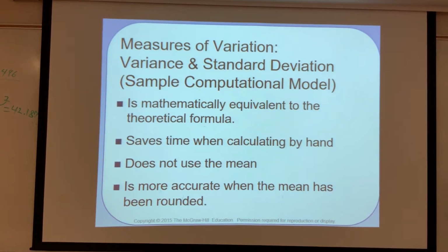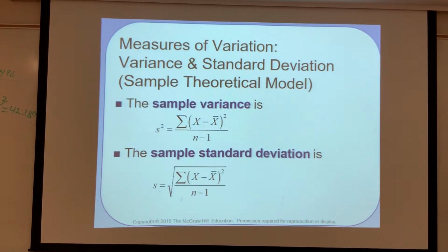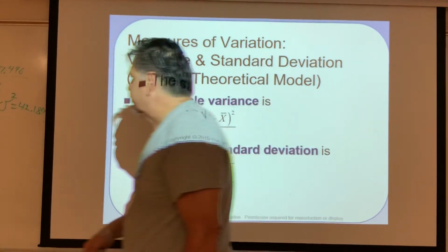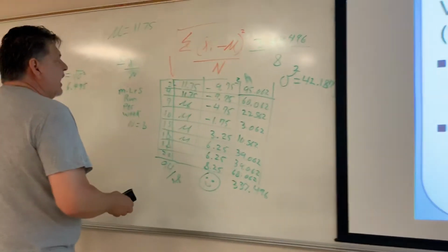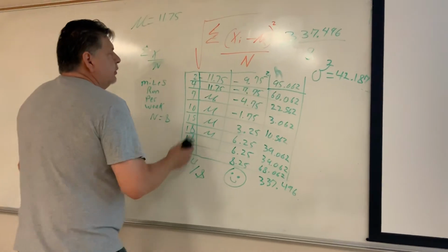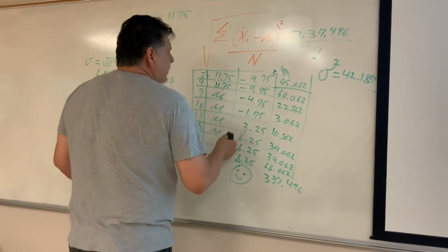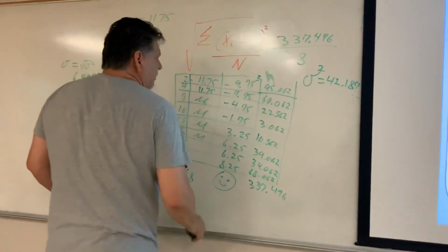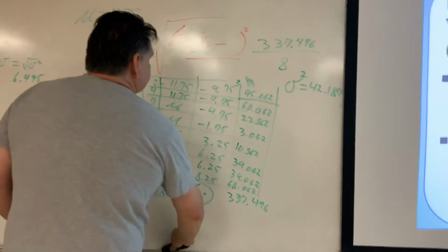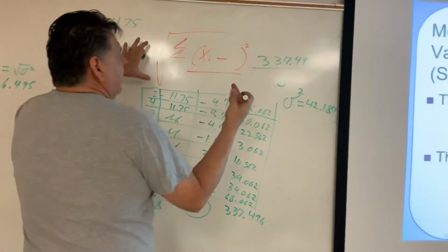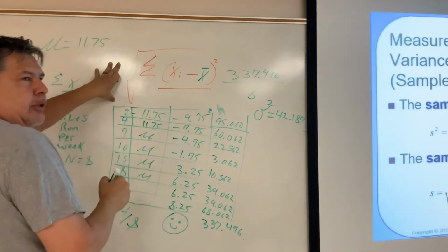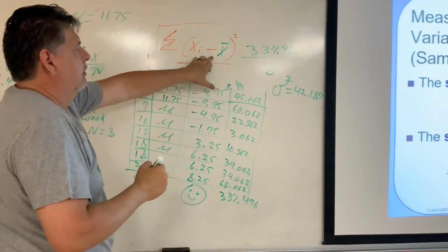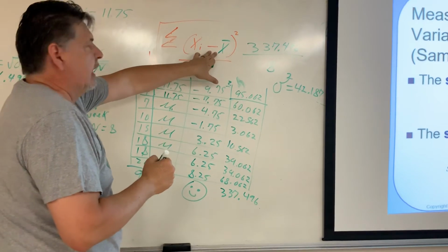Oh, let's talk about sample real quick. Now, the only difference between population and sample is that I'm going to use slightly different symbols. So, like I said, X bar is going to be the symbol for the mean of a sample.